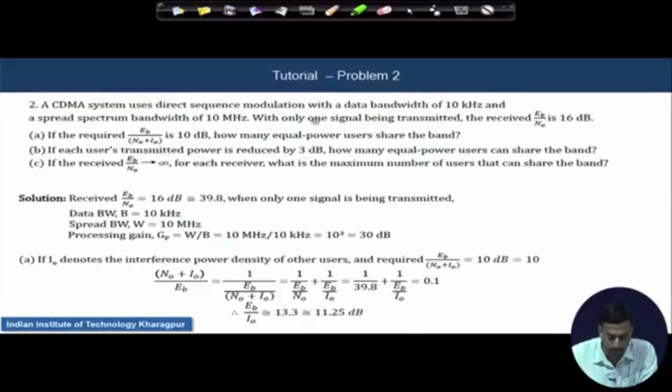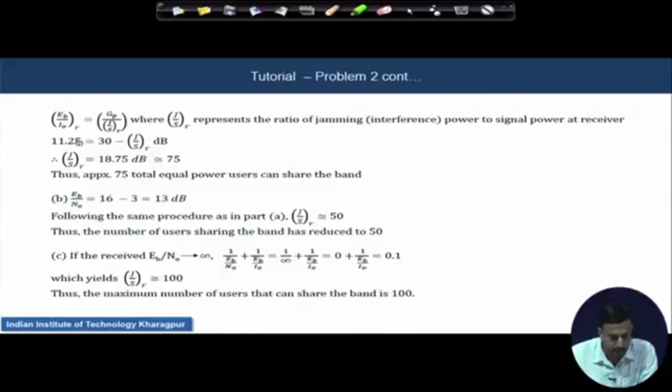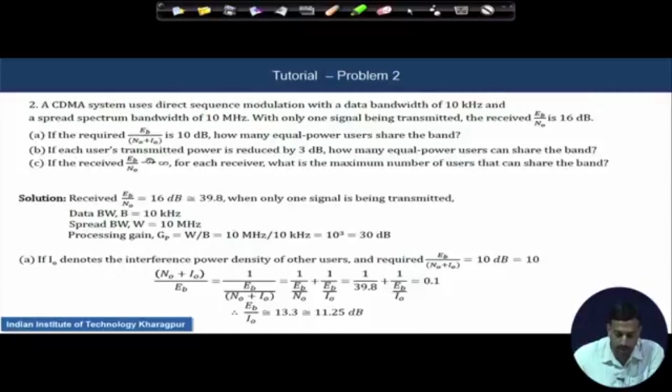So that was 11.25 dB, and the processing gain is already found out to be 30 dB, so that is mentioned here. And now we get the jammer power to signal power ratio to be equal to 18.75 dB from this expression, and this is equal to 75, which is precisely the number of users that can share the band, provided that we limit our Eb by N naught plus I naught to 10 dB.